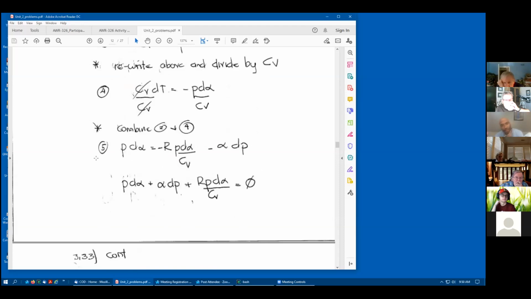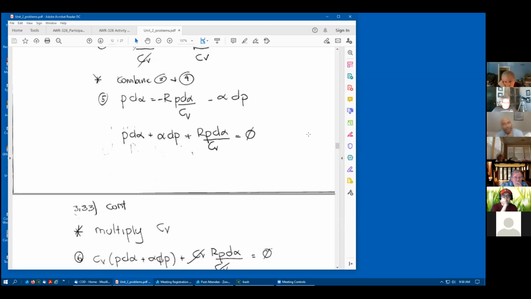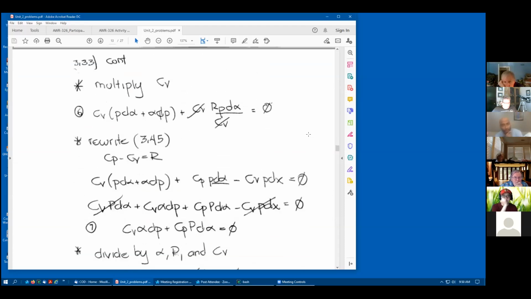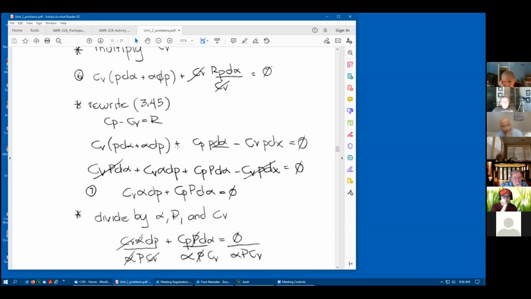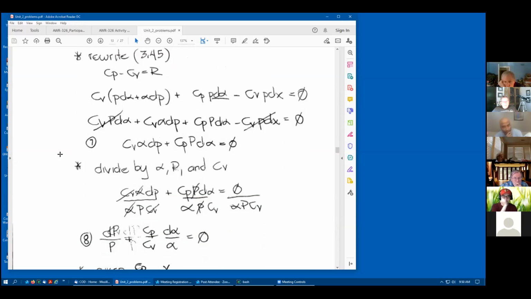And that's 5, which is kind of where you're at, right? Yeah, but I got rid of dt earlier in the game. Okay. And then a lot of algebra. And then here's where I bring in CP, or getting rid of R. More algebra.